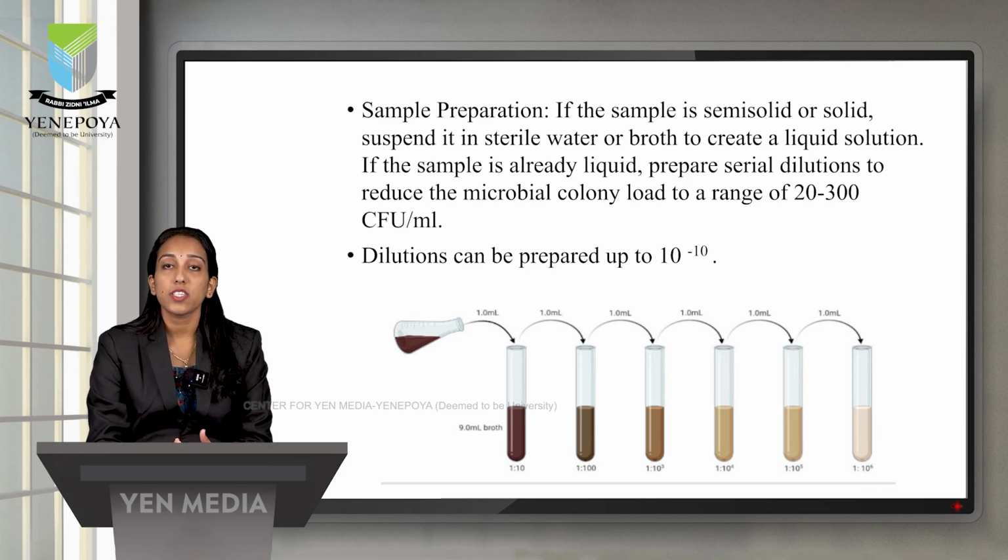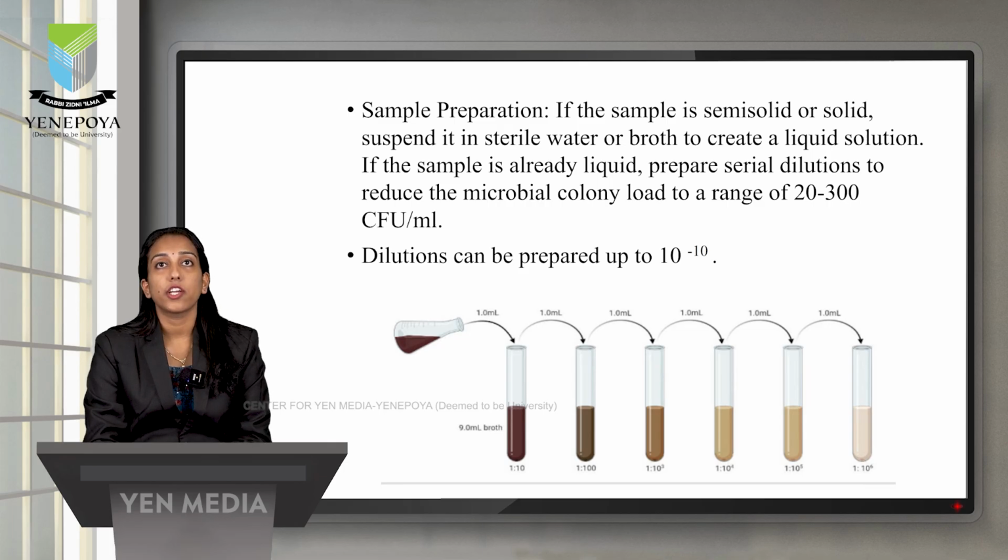The sample may be in semi-solid or solid form, or in liquid form. If it is semi-solid or solid, we need to suspend it in sterile water or nutrient broth, making it into a liquid solution.